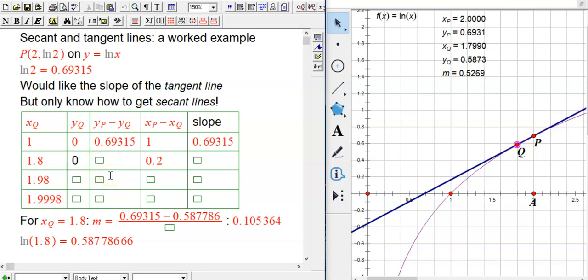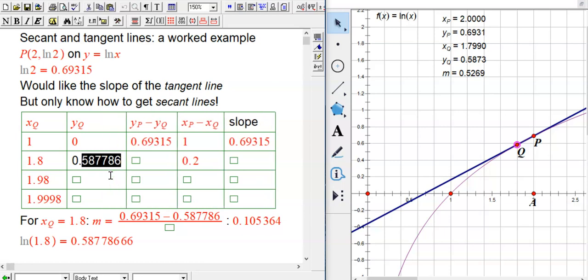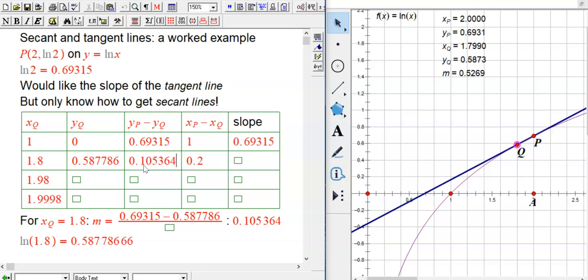This was 0.587786. Going over 0.2 from Q to P, this is going up 0.105364. Okay, so it's kind of suggestive. That's interesting. What is the actual ratio there?